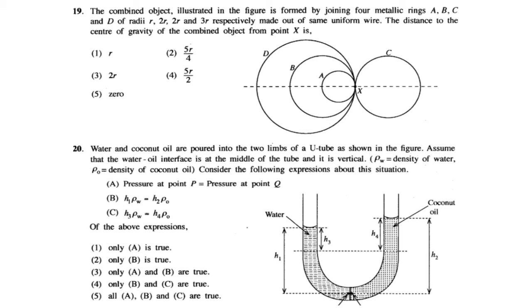Weight of A, that is mg, acts at the center of A. 3 mg acts at the center of D. You can mark all these forces in the diagram. So those are 4 mg at X, mg at the center of A, 3 mg at the center of D. Then the weight of the combined object is 8 mg, that acts at the center of gravity of the combined object.